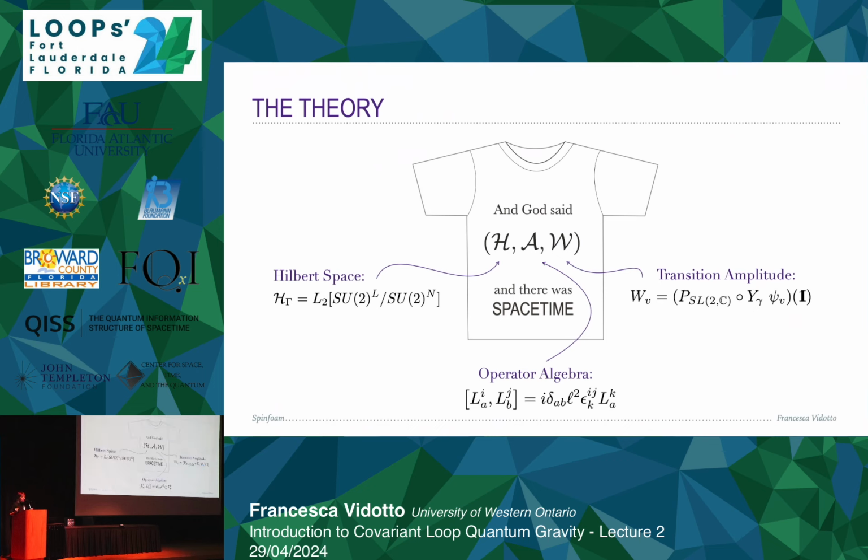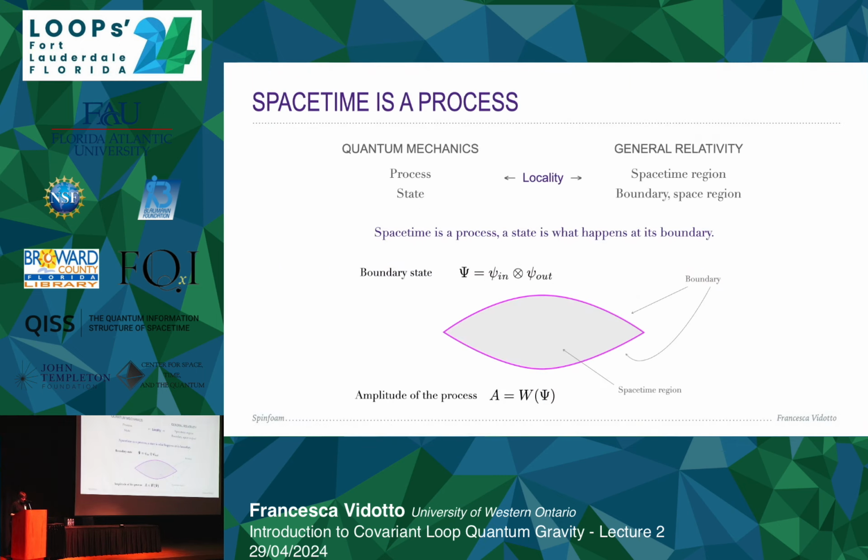Because I want to go to the actual dynamics. Everything that I said so far is to define the Hilbert space and the observables, and now the true main job is to define this thing here. What we said before was that this theory I'm telling you about is called covariant.